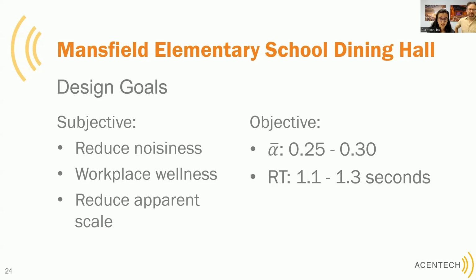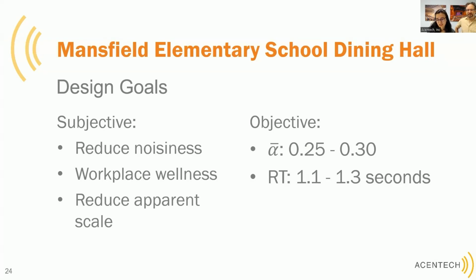And really, the main subjective goals were to reduce the noisiness in the space so that students can feel more comfortable and not have to shout to talk to their neighbor, and also to increase the workplace wellness for all of the staff that have to work in there.